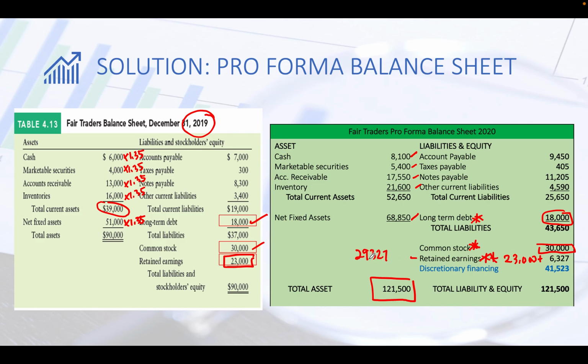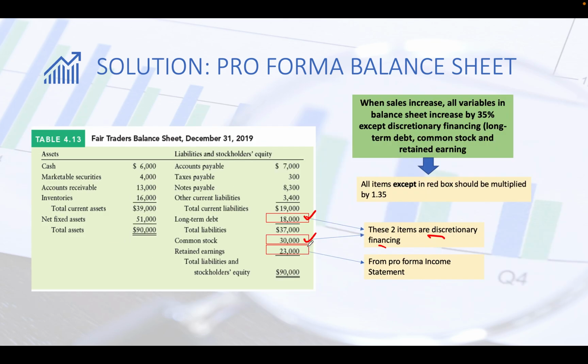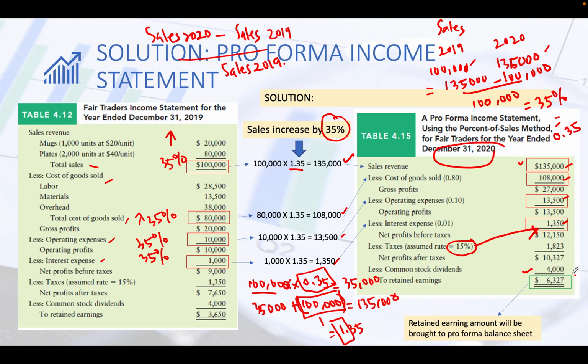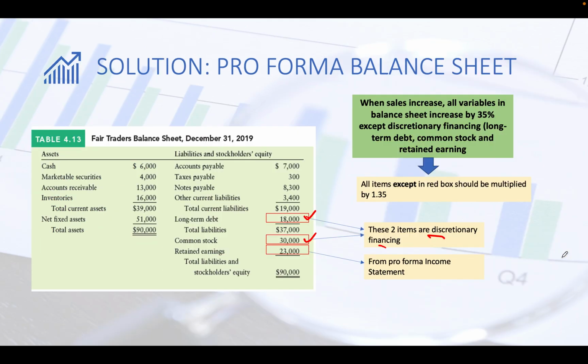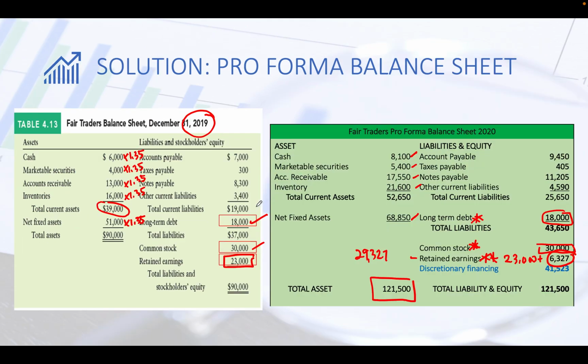29,327. Kenapa? Sebab nilai net profit dalam income statement yang ini, 6327, dia kena campur dengan nilai return earning sebelumnya. Sebab return earning yang ni dia adalah simpanan lah, duit reserve lah kita kata. Ya. Darabkan, campurkan tu dapat 29,327. Ya.